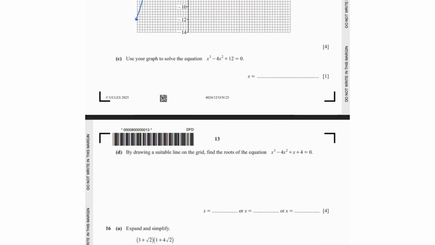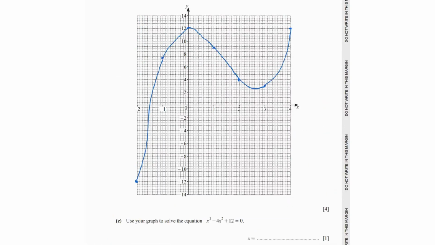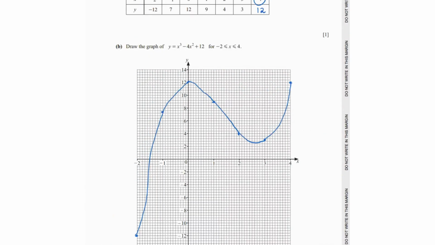Use your graph to solve the equation x cubed minus 4x squared plus 12 equals 0. So we just draw a line at y equals 0. There's nothing different about the equation. That is your x-axis, and that gives us a value of -1.5. That's your value of x.